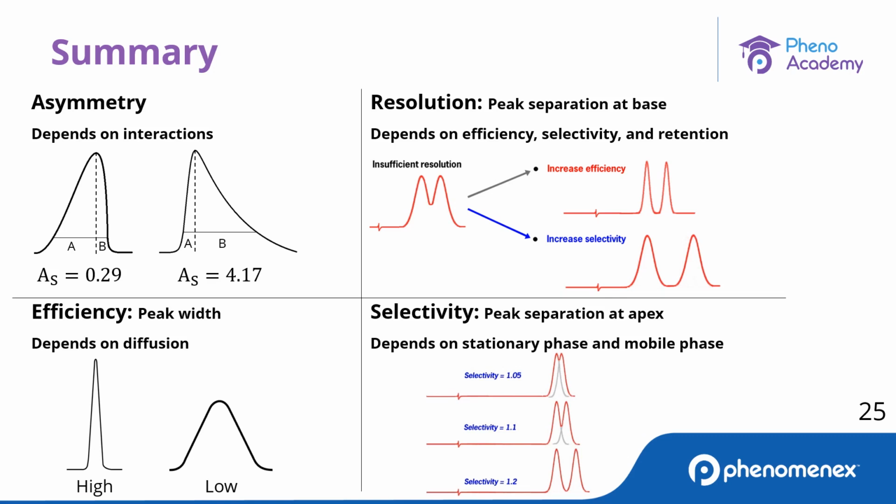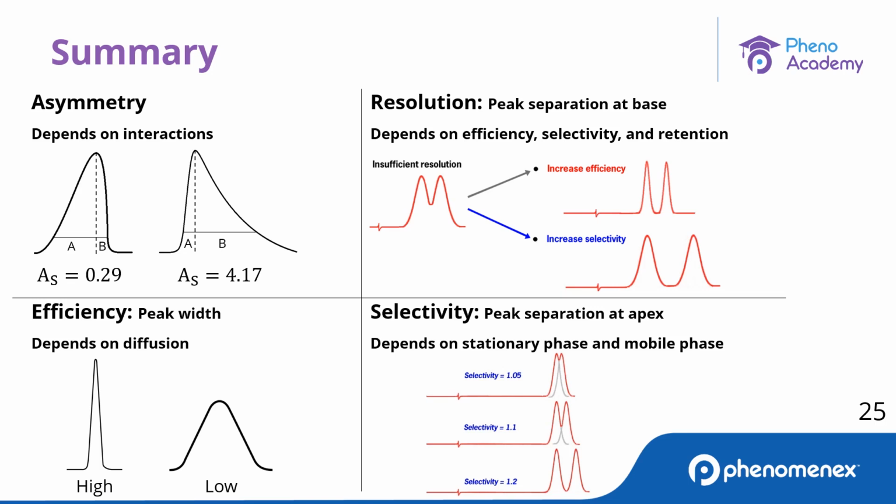To summarize, and starting at efficiency and going counterclockwise, asymmetry depends on interactions, and perfectly symmetrical peaks have asymmetry factor 1, fronting peaks have a factor of lower than 1, and tailing peaks have a factor larger than 1. Efficiency is a measure for peak width. It depends on diffusion.